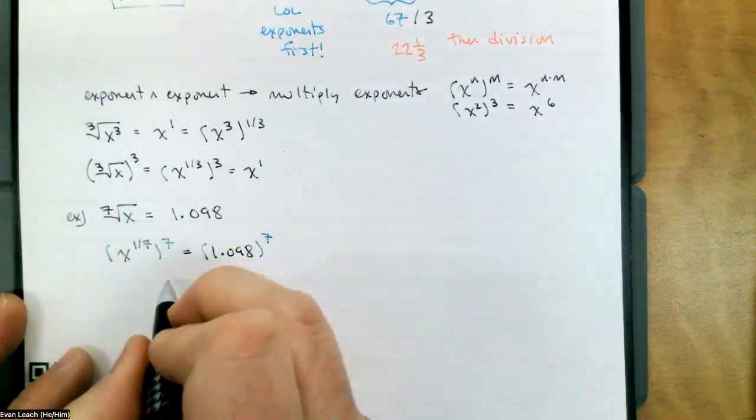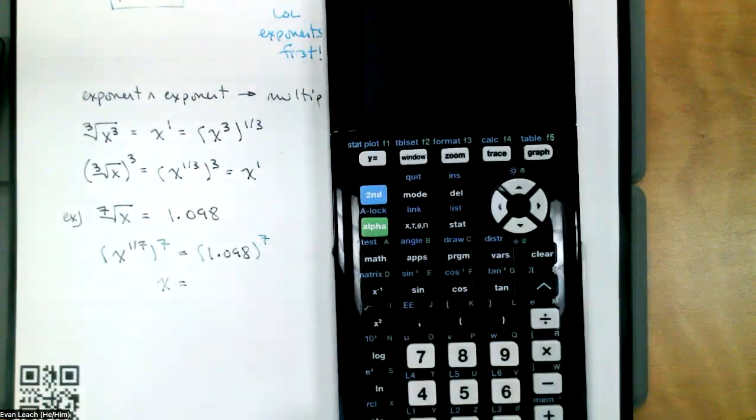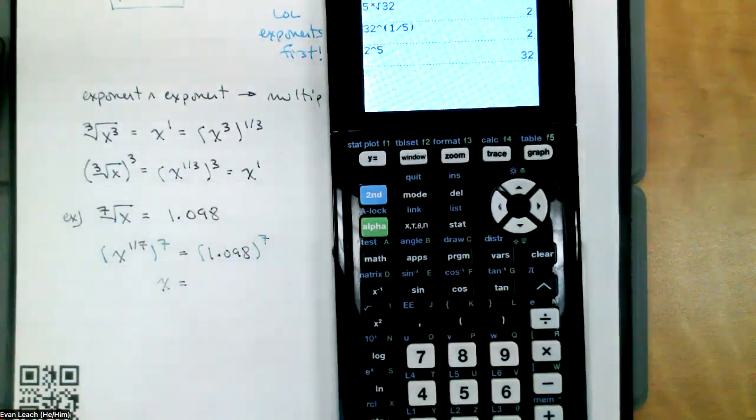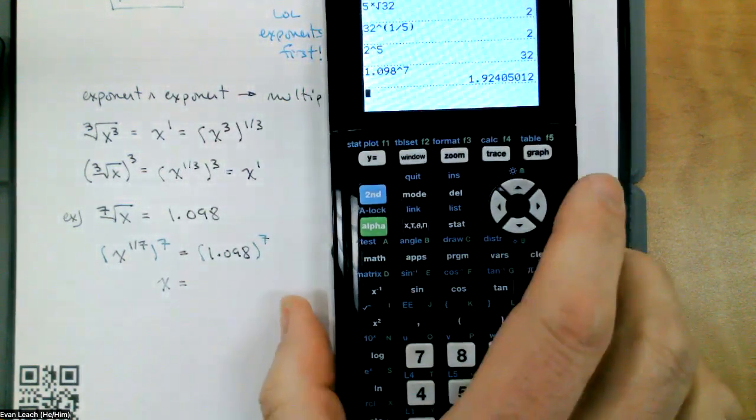One seventh times 7 is just an x. And I'll take the 1.098 and raise that to the 7th power. 1.924.